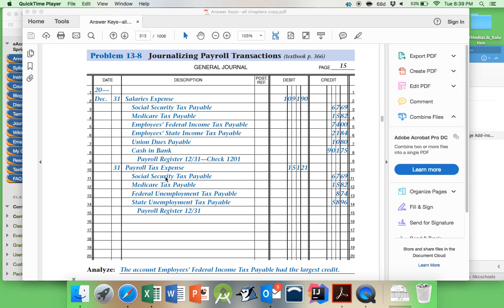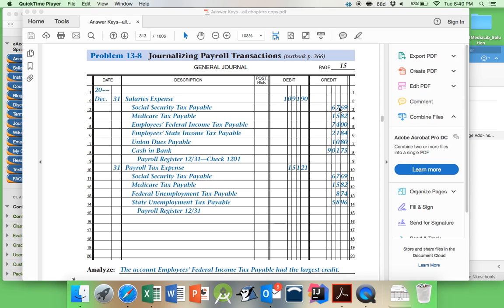Now both transactions are based off the gross pay that you will pay your employees. So when you take all your employees and you add up all their gross pay, that is going to be the debited amount to salaries expense. Cash and bank will be equivalent to the net pay because you're going to end up writing a check from your cash and bank to your payroll account to send to your employees.